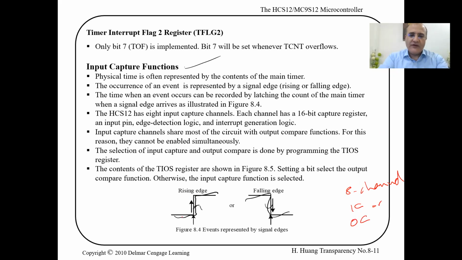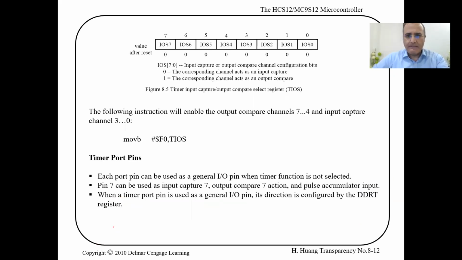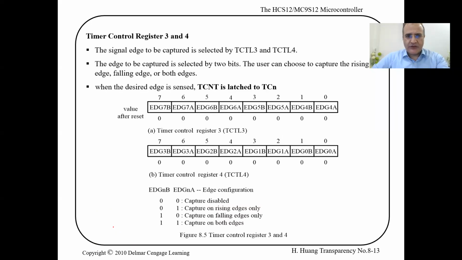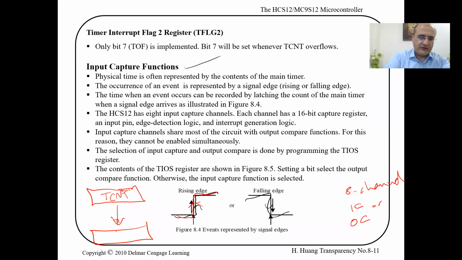Whenever a rising edge comes, there is circuitry that will latch the value in the TCNT counter and store it in a capture register, called the timer capture register TC0.